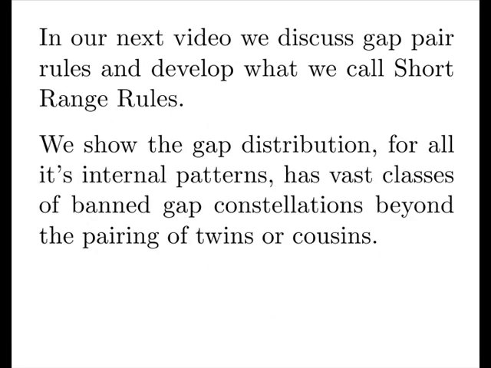In our next video, we discuss gap pair rules and develop what we call short-range rules. We show the gap distribution, for all its internal patterns, has vast classes of band gap constellations beyond the pairing of twins or cousins.